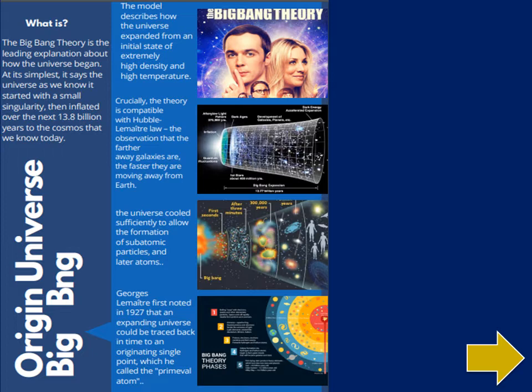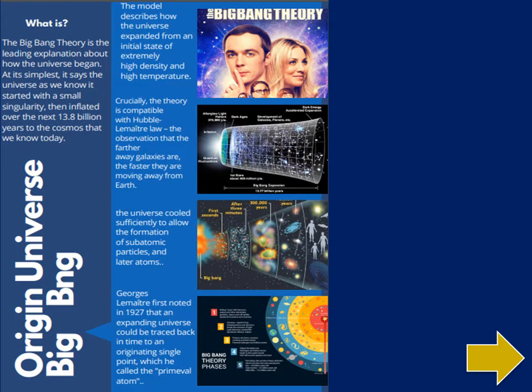Heated protons and electrons hinder the emission of light. Light elements are created, like deuterium, lithium, and helium. The third one, protons, electrons, and neutrons combine and form atoms, primarily hydrogen and helium atoms.